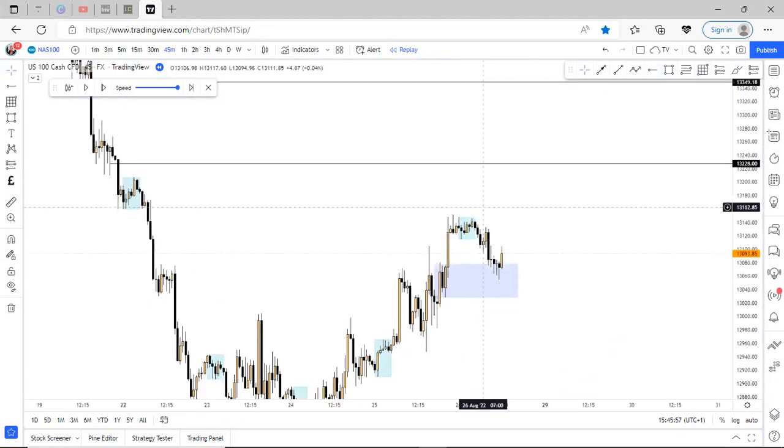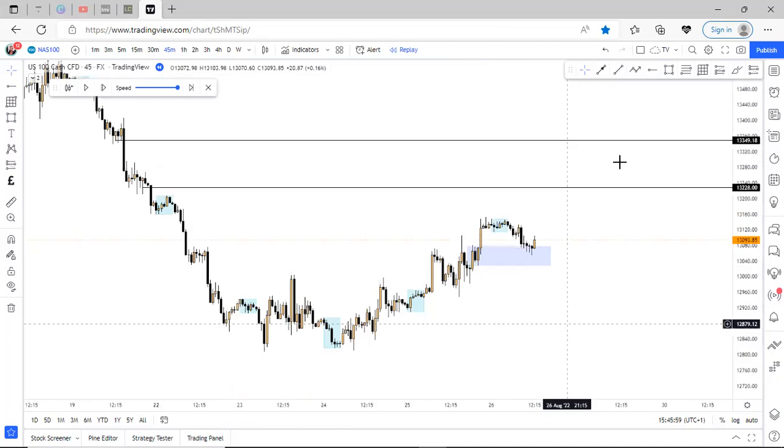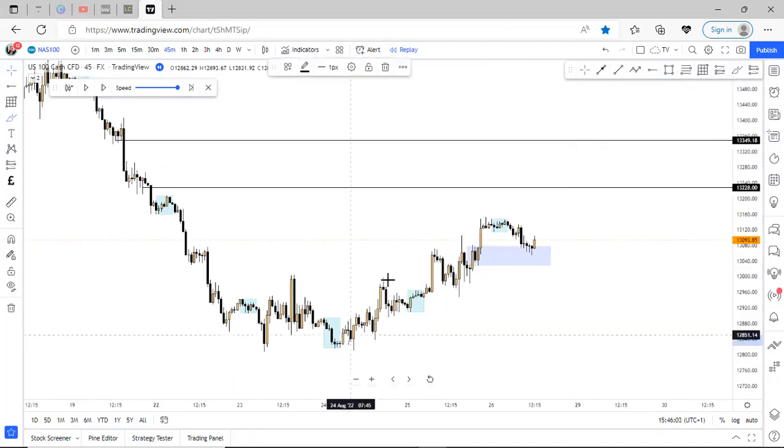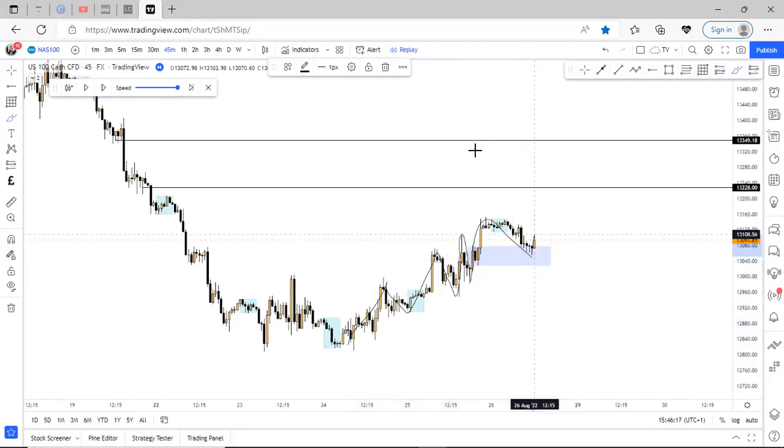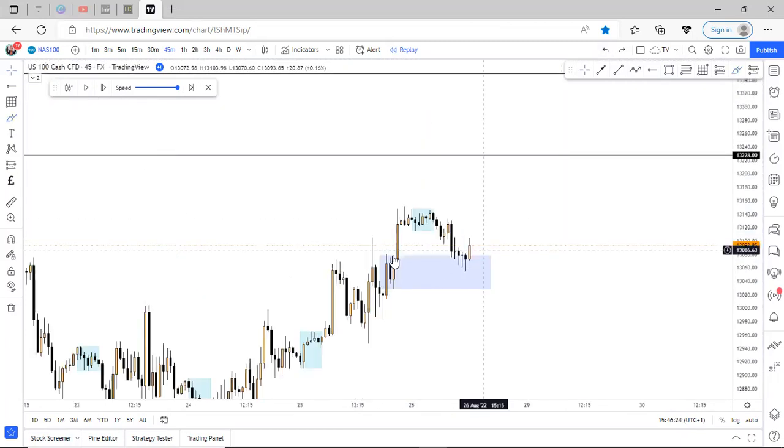As you can see, previous price action, the market has been giving us higher highs, higher lows, higher highs, higher lows. I thought this was going to be the next higher low for us to push further into this high. So I got into a buy trade right here.